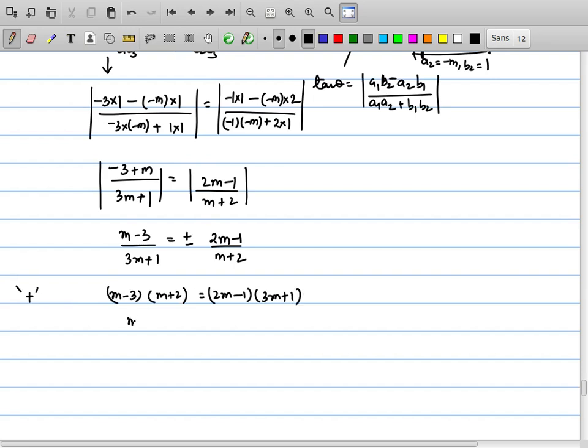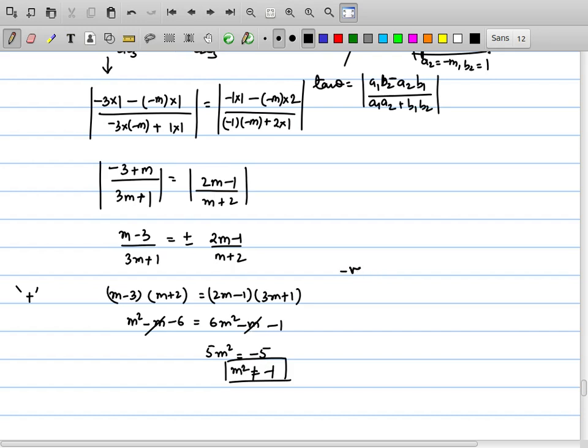What do we get? m square minus 3m plus 2m is minus m, minus 6. This is 6m square plus 2m minus 3m, minus m, and this would be minus 1. So minus m goes. This becomes 5m square equals minus 5. But this is not possible because m square cannot be equal to minus 1. A square term cannot be negative, therefore this is not possible.